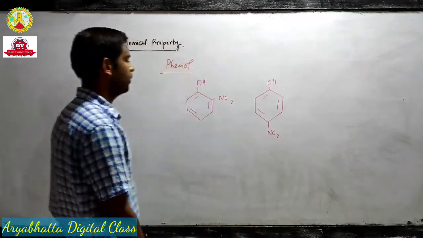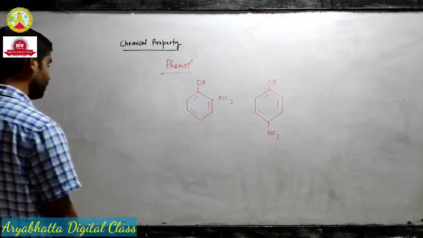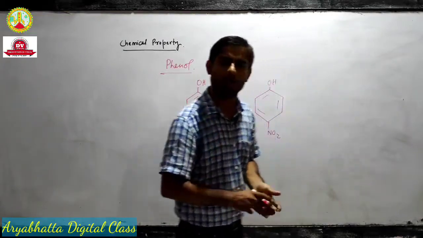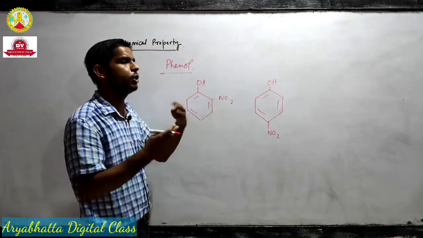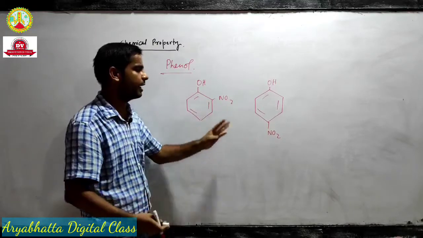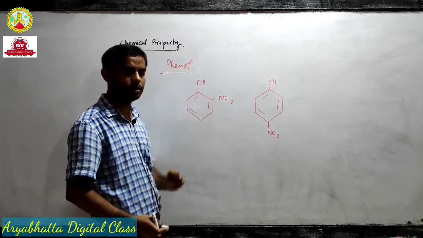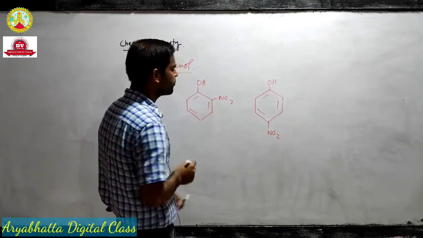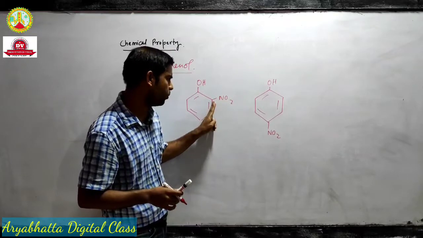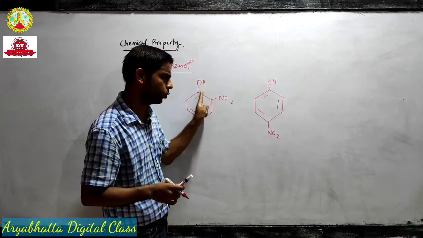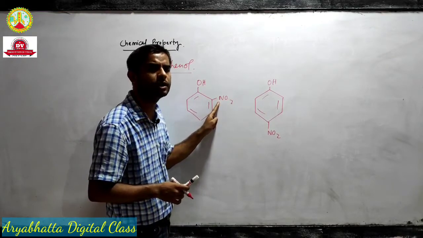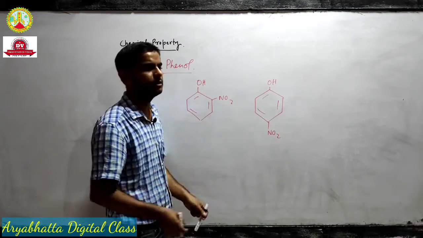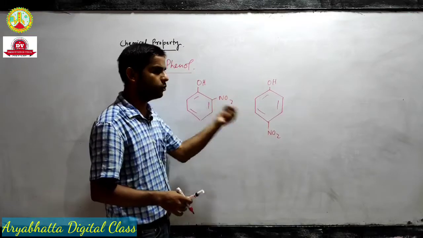So what happens? Nitro is an electron withdrawing group, it can withdraw the electron, so the charges appearing on ortho and para position will be reduced and it will increase the acidity of phenol. And we see that since this ortho position is nearer to the hydroxyl group, it has a better tendency to remove the electron.